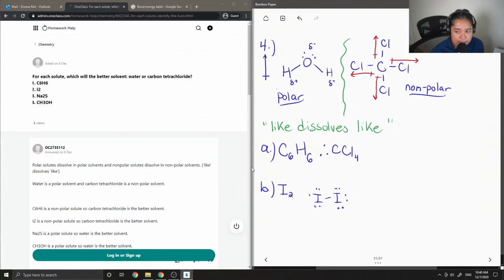So obviously they are identical because they are the same atom. So there is no dipole moment. So therefore this will also dissolve in carbon tetrachloride.